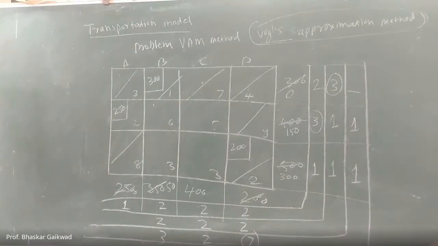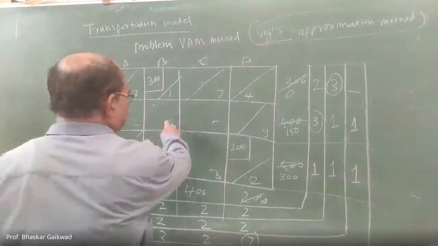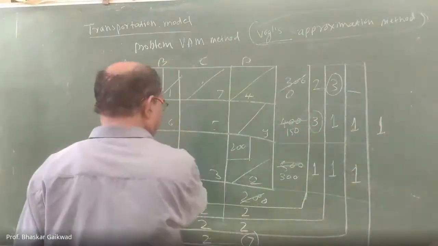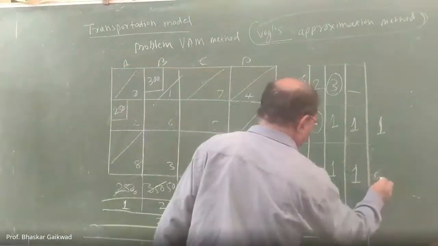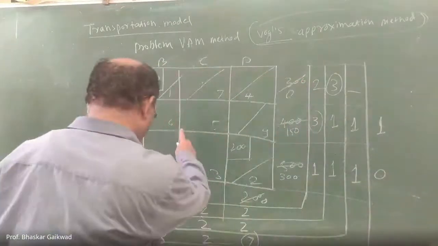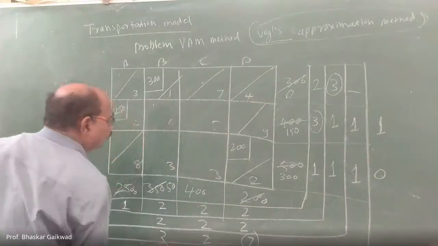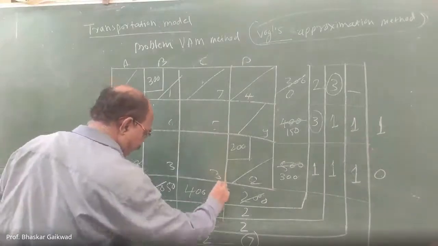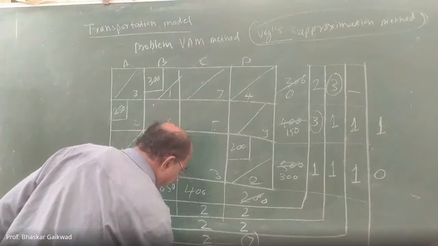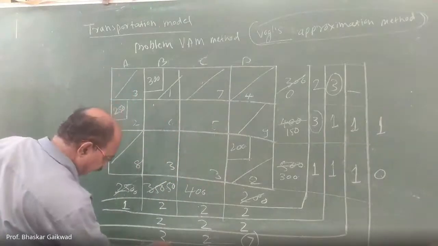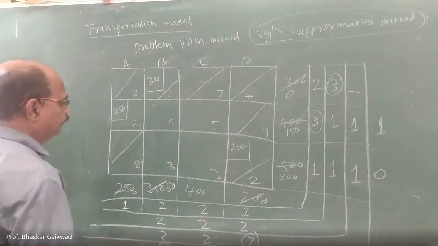Now, after this, we can go to this. 6 minus 5, 1. 3 minus 3, 0. Column 6 minus 3, 3. 5 minus 3, 2. Correct. So which is the maximum here? 3 is the maximum.